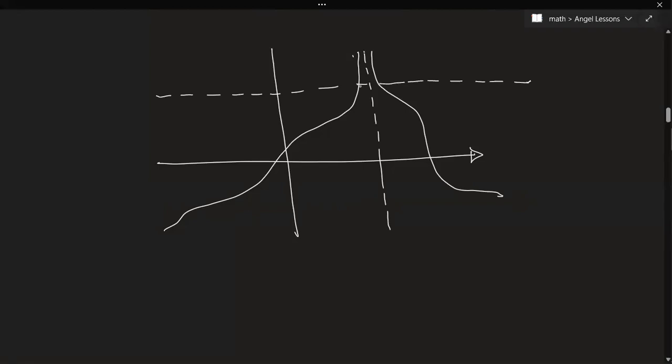Because if I were to draw a horizontal line, this line will meet the graph here, and it will meet the graph there.